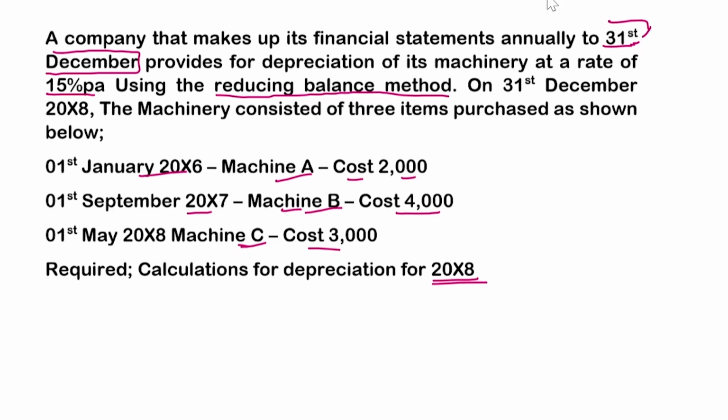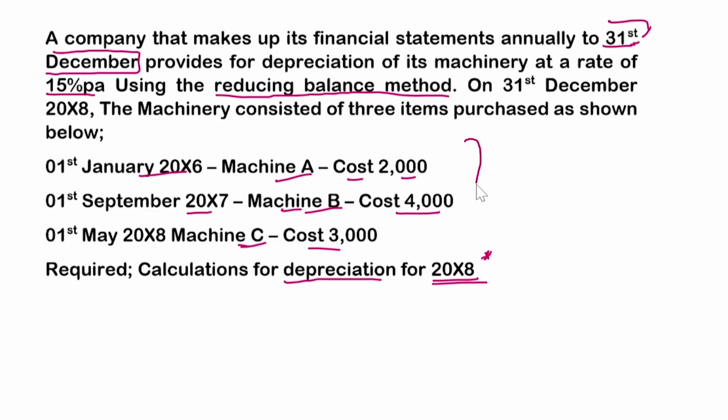This is not the case for expenses and revenues, which make up the income statement. They are only captured for the specific 12-month trading period, and that's it. But for the balance sheet, the closing balance becomes the opening balance the next financial year. Now here they want us to calculate the depreciation for 2018.